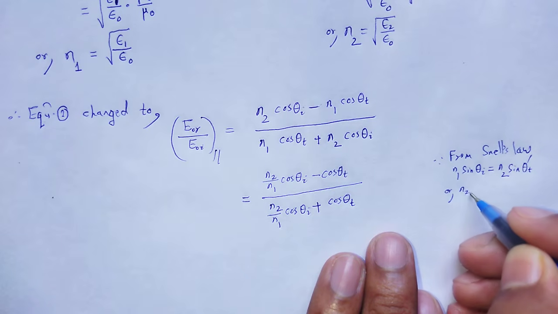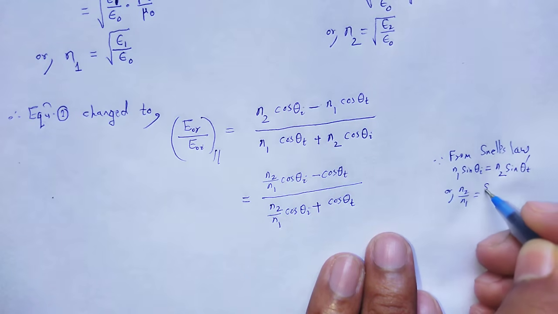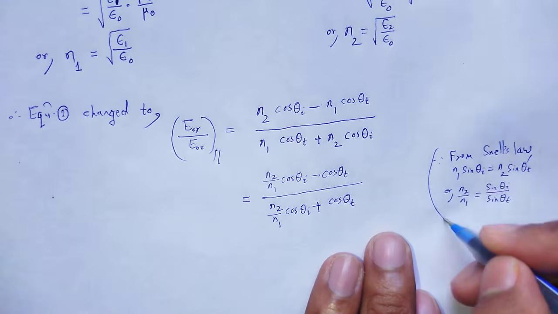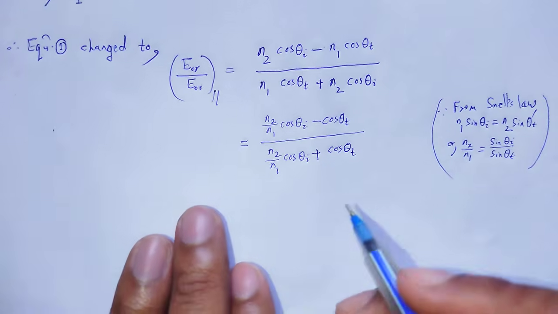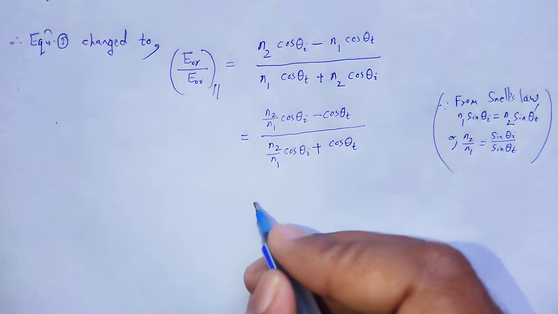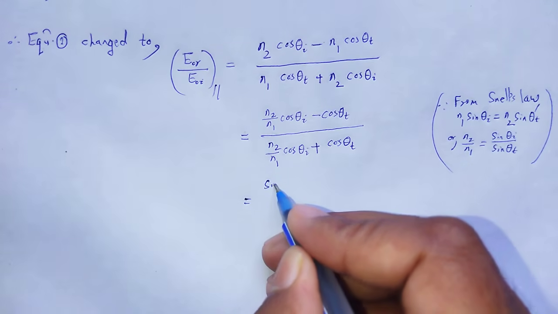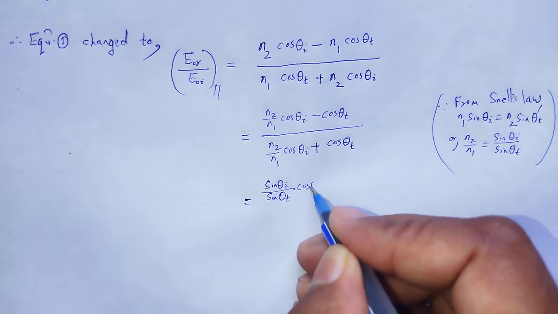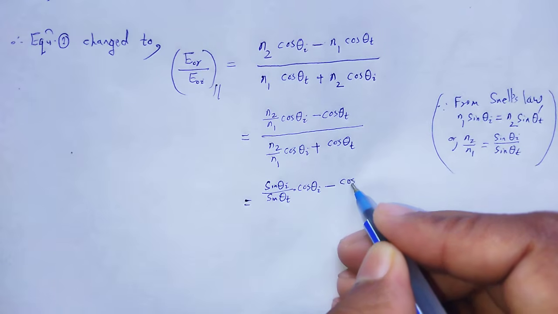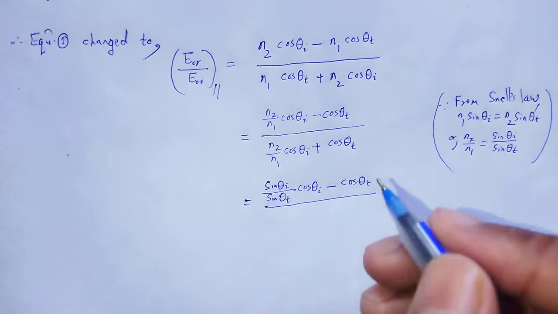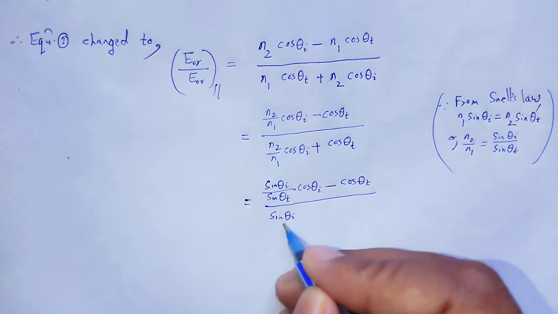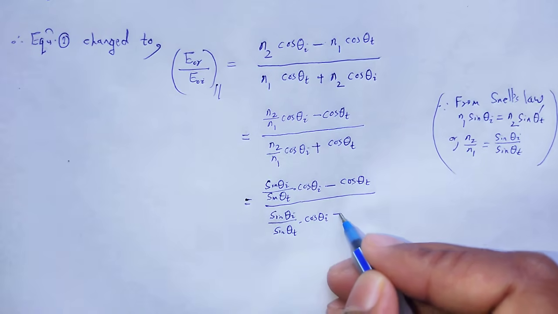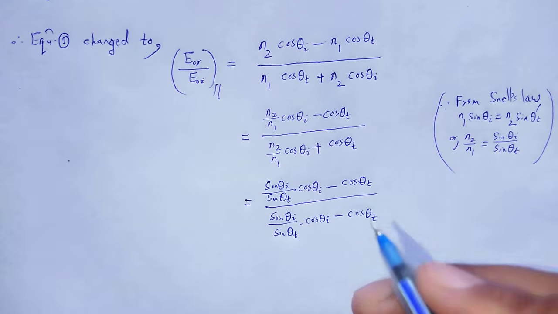Here we obtain n2 by n1 is equal to sine theta I divided by sine theta t. In place of n2 by n1 we substitute that value: sine theta I by sine theta t into cos theta I minus cos theta t divided by sine theta I by sine theta t cos theta I plus cos theta t.